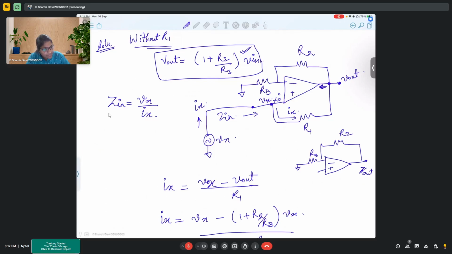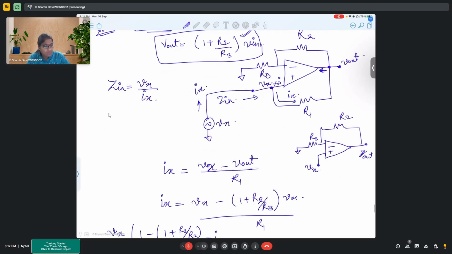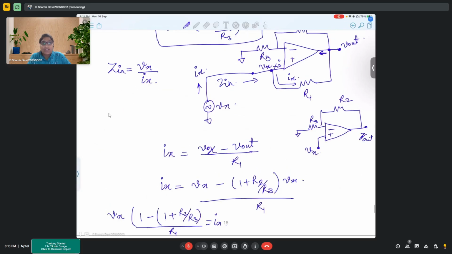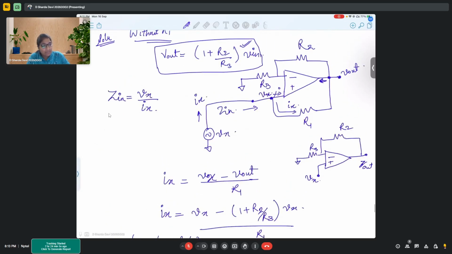Yes, but we have to start somewhere. Otherwise, how would we solve? Because the problem is we don't have any information regarding this particular input current. So it's impossible to solve otherwise.